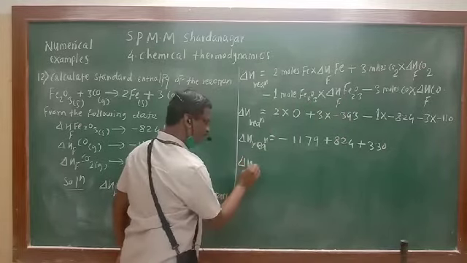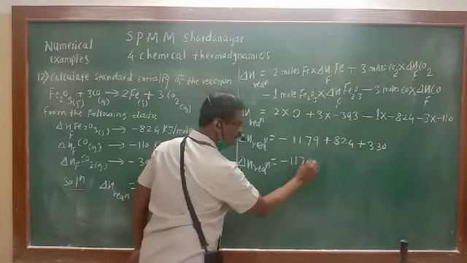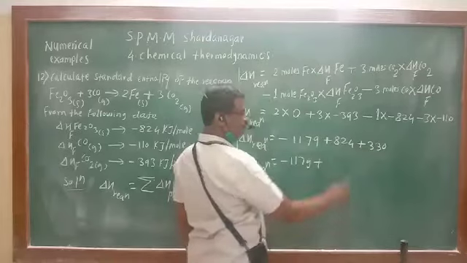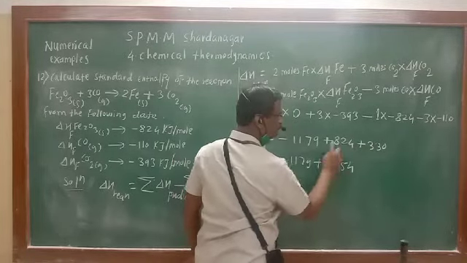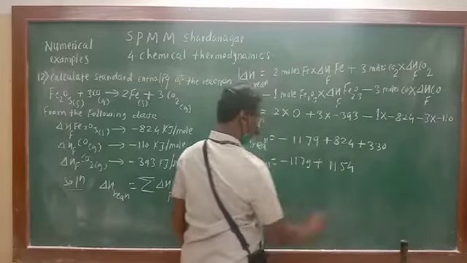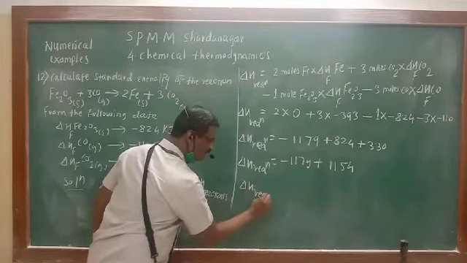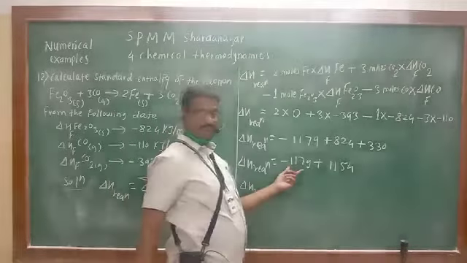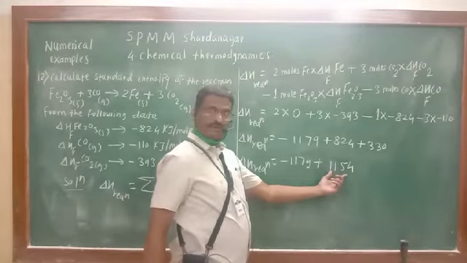So delta H of reaction will be equal to minus 1179 plus summation of these two terms: 4, 3 plus 2, 5, 8 plus 3, 11. So finally, delta H of this reaction will be, this is bigger with negative sign and the small term with a positive sign.